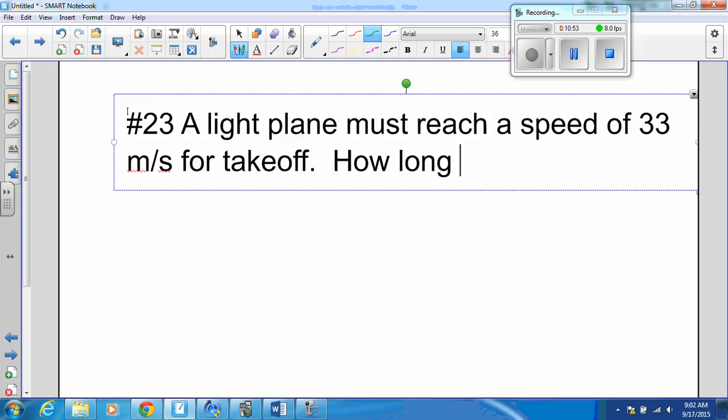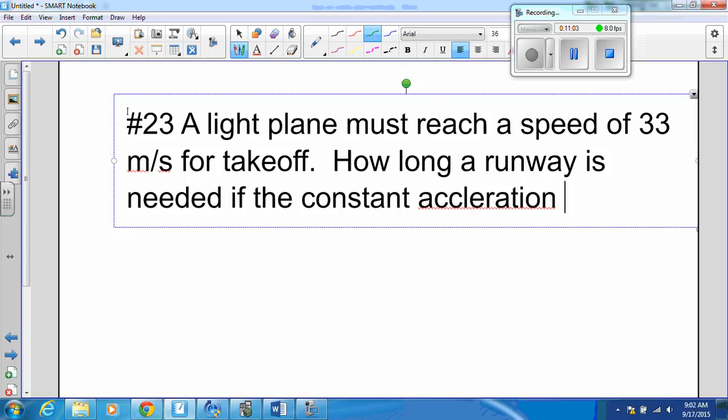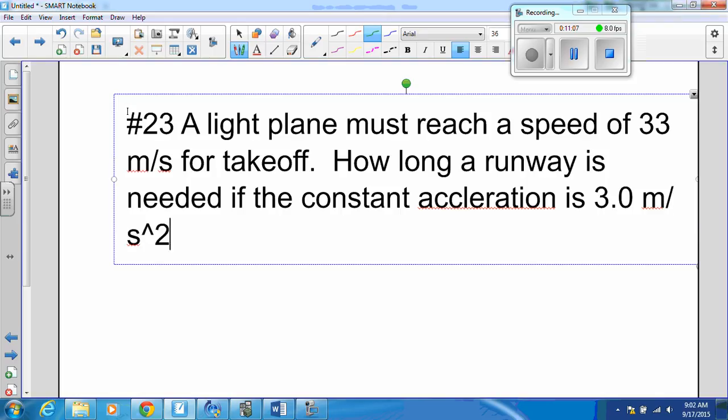How long a runway is needed if the constant acceleration is 3.0 meters per second squared.